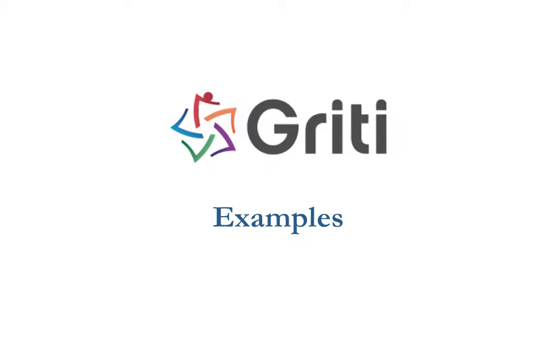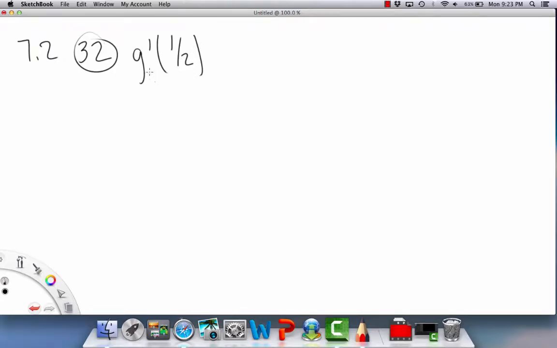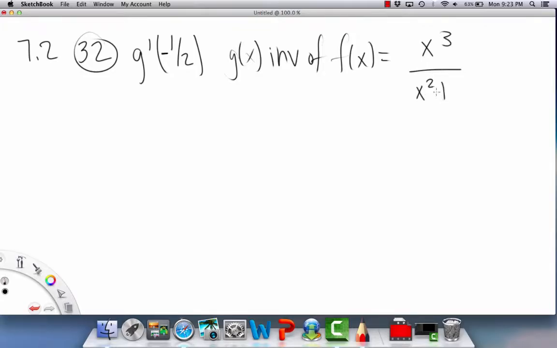So they want us to find g prime of negative 1 half, where g of x is the inverse of f of x, which they give to be x to the third over x squared plus 1.